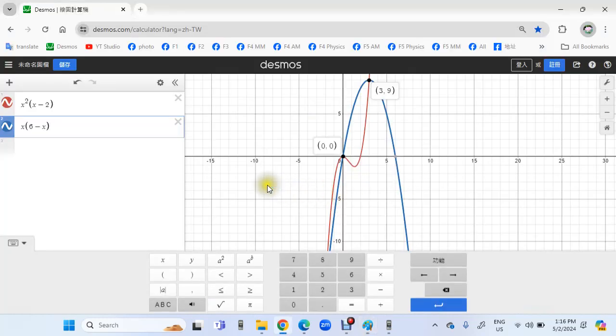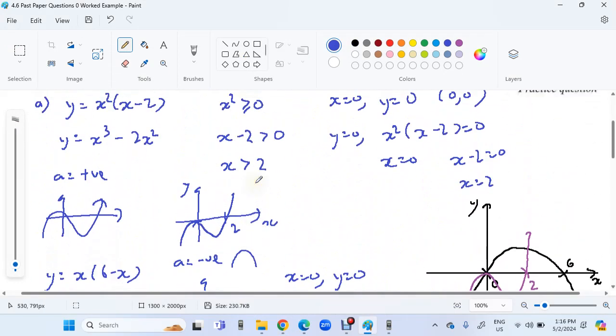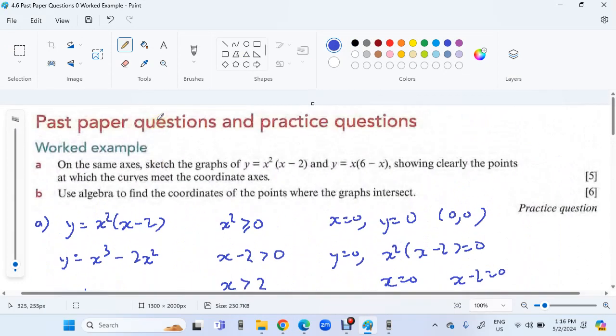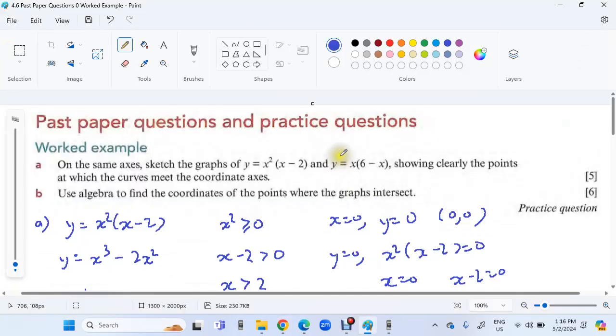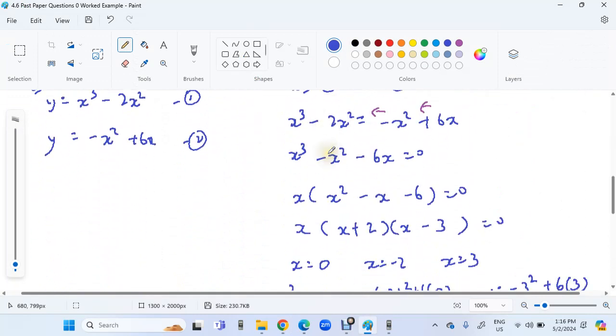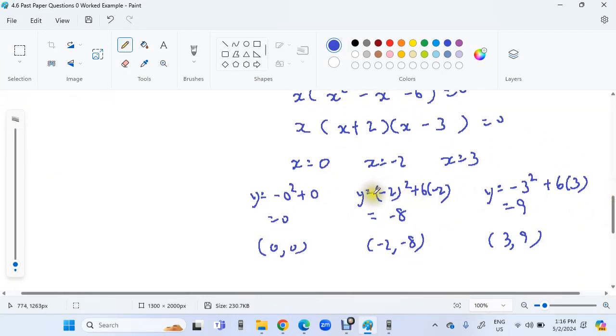So this is x squared times x minus 2, and then x times 6 minus x. I think I did something wrong. Yes, it's the negative of x squared, so it's negative 4 minus 12, so it's negative 16.